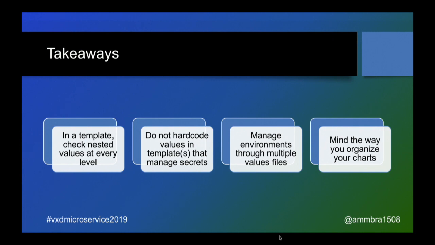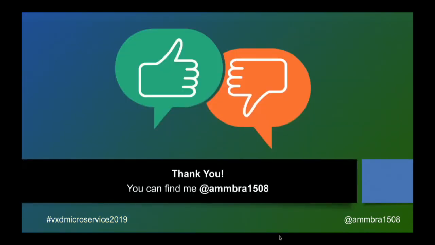Manage environments through support for multiple values files, and these values files, like in my case values.dev, can go to as many environments as you want. And mind the way you organize your charts, whether it's chart per service, the master chart approach, or the hybrid approach.